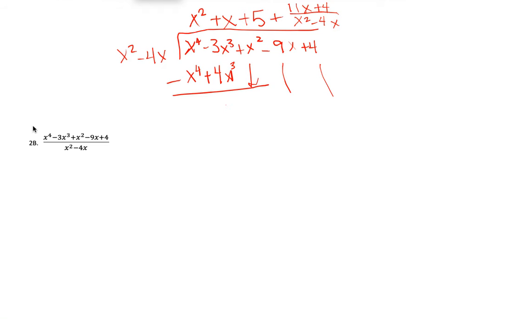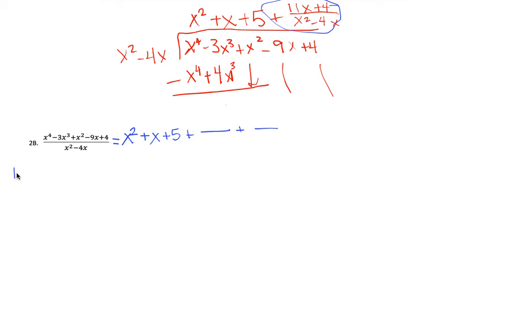Okay, so for the decomposition of this expression, we're going to have x squared plus x plus 5. And then we will have an A over something and a B over something.